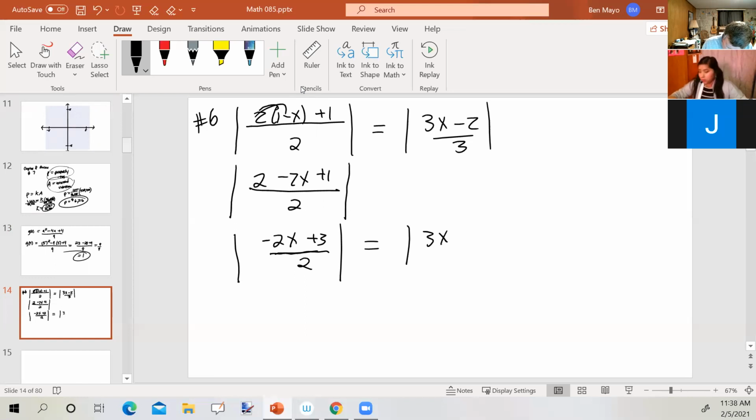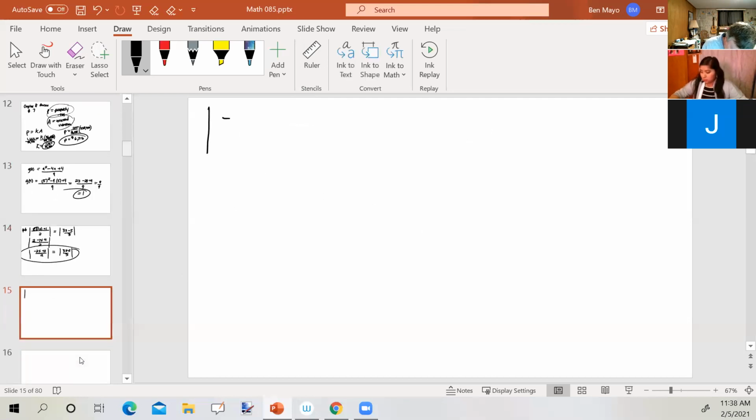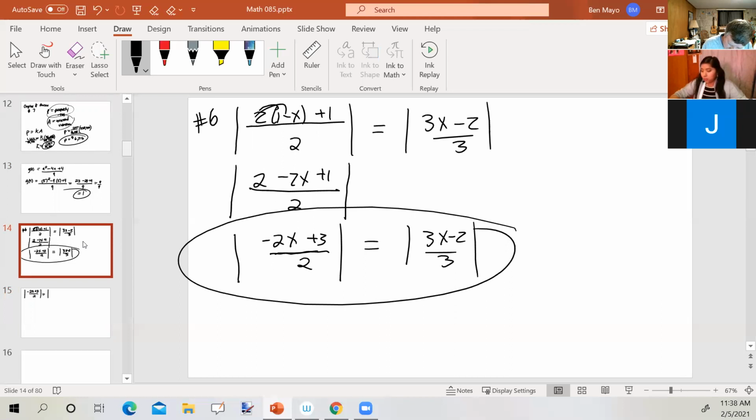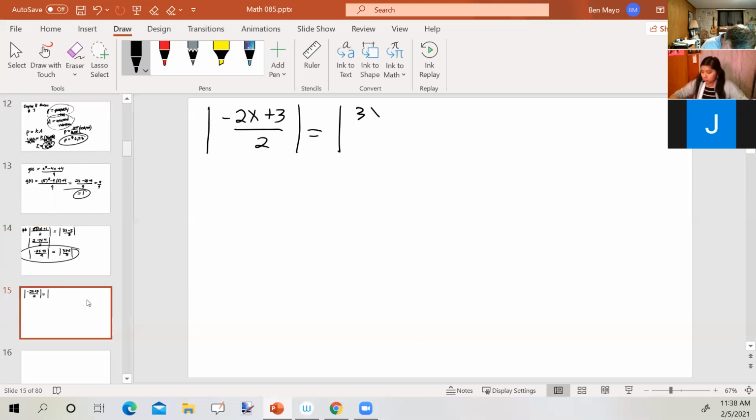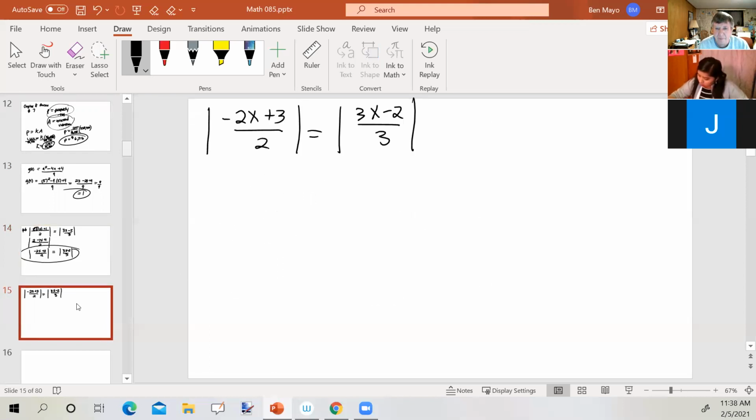And then over here, I've got 3x minus 2 over 3. Any questions there? All right, so now I'm going to take all of this and write that on the next screen so I have lots of room to work with. Negative 2x plus 3 over 2, and 3x minus 2 over 3. Did I get that all copied correctly? I believe so.